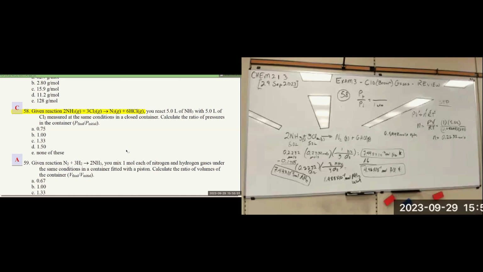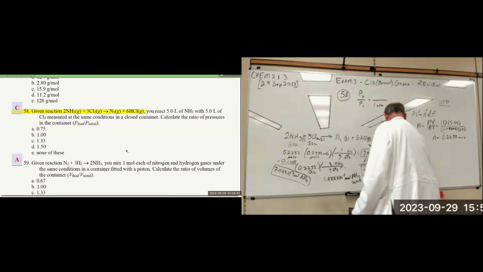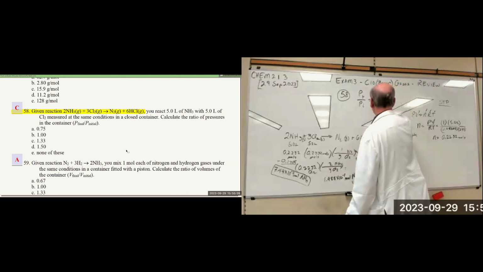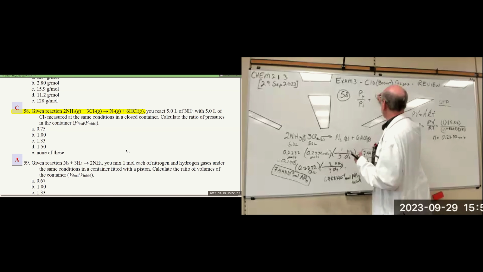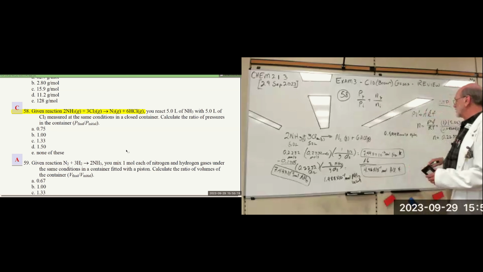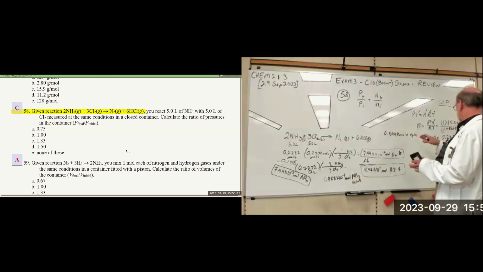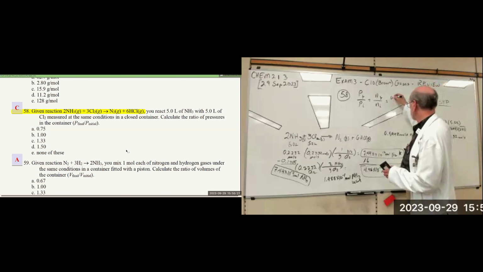We don't have to calculate the ratio here. Look, this ratio, according to Avogadro, is the same as the final moles divided by the initial moles. Okay, so you don't have to do all this. So the final moles is 0.5948.